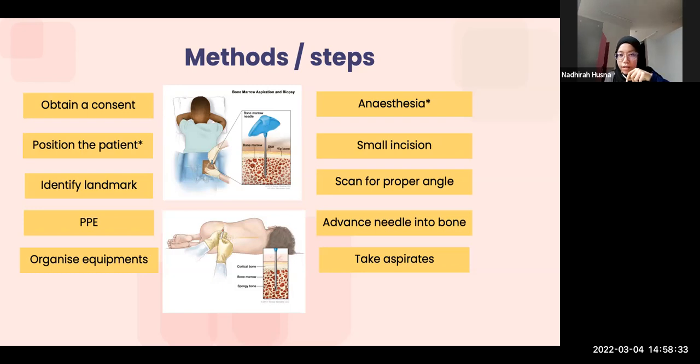But I'm not really sure if it is given together, because in the paper it said that the epinephrine is given after the anaphylactic reaction has actually occurred in the patient. And then for the step, we need to make a small incision to avoid injury.